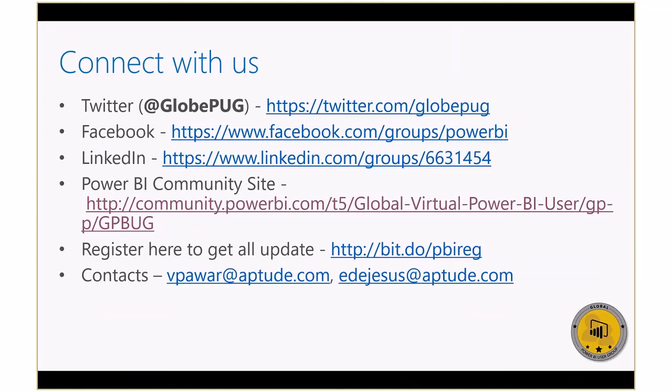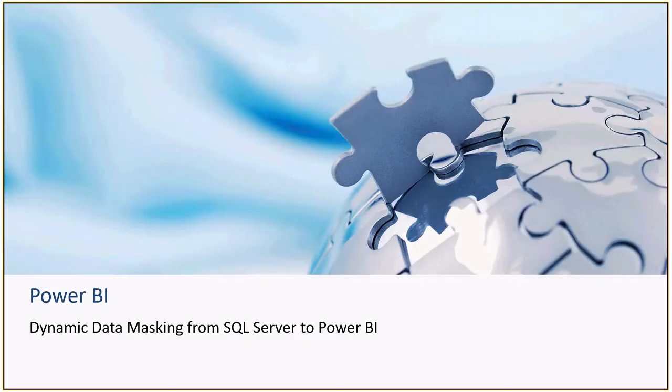Let me share my screen here. All right, so as mentioned, today we're going to be talking about dynamic data masking and essentially leveraging that feature within SQL Server and having that bubble up to Power BI so that you can secure your data and obfuscate it.